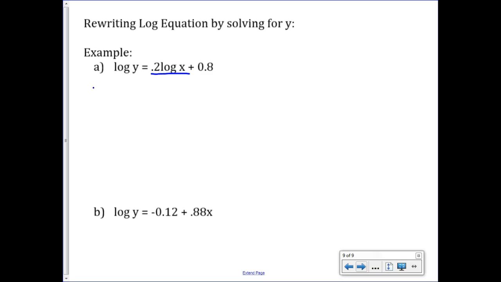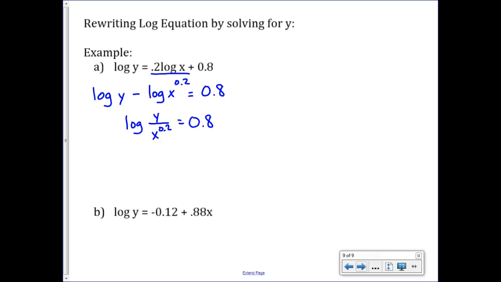So I'm going to subtract, I have log of y, and I have minus that 0.2 log of x, but I'm going to go ahead and put log of x raised to the 0.2 power. You can do that in 2 steps if you want. That equals 0.8. So now that those are subtracted, they have the same base, I can rewrite this with 1 log, and then I have y divided by, since it's subtracted, x to the 0.2 is equal to 0.8.